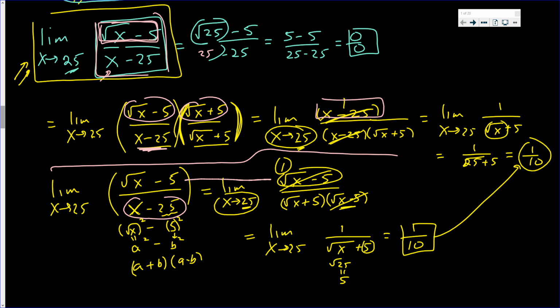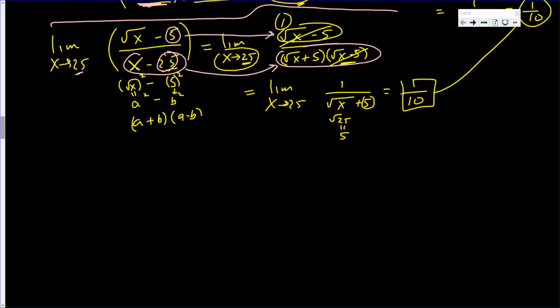The top stayed the same, square root of x minus 5. But the bottom, I factored the bottom. Okay, you're going to have to be able to do that. You will see problems just like this. All that will change will be these two numbers and that number. But they're going to make things become 0 over 0.